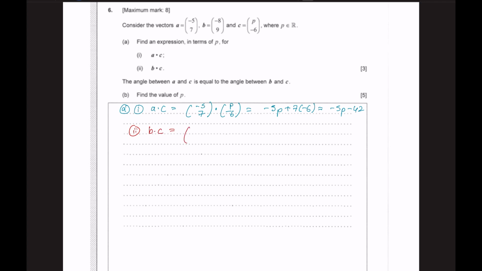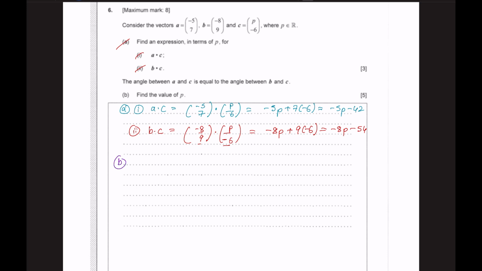B dot C would be (minus 8, 9) dot (P, minus 6). This will be minus 8 times P plus 9 times minus 6. I'm just multiplying the x terms together, then adding the product of the y terms, which gives me minus 8P minus 54. So these are my dot products for A1 and 2.